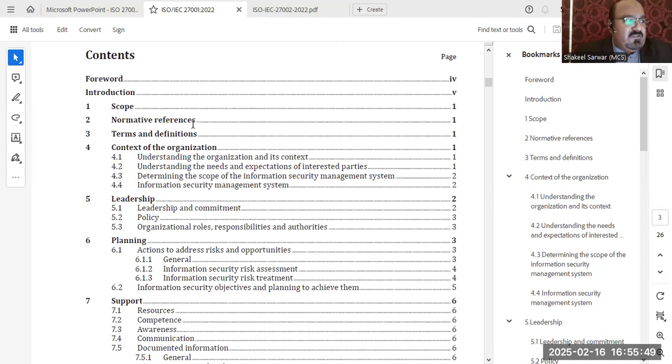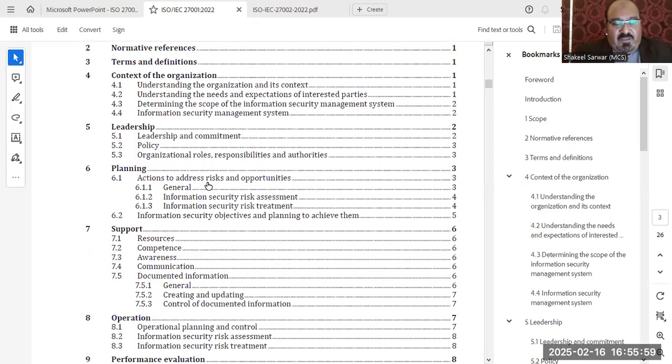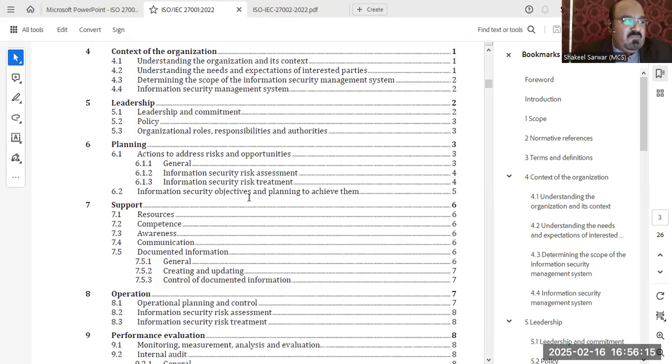We discussed normative references yesterday, and terms and definitions. We will be discussing context of the organization, and leadership. We have discussed in detail clause 6, which is planning: 6.1.1 general, information security risk assessment, information security risk treatment, information security objectives and planning to achieve them.